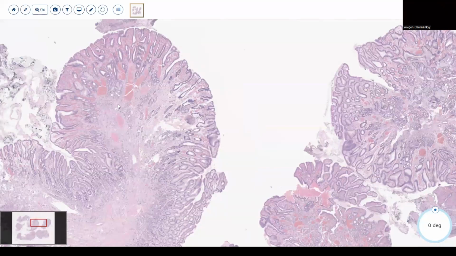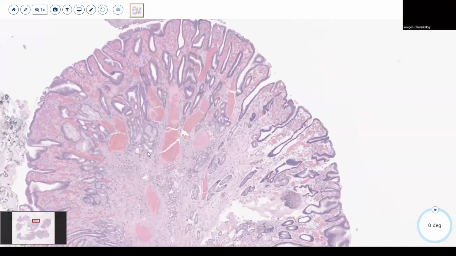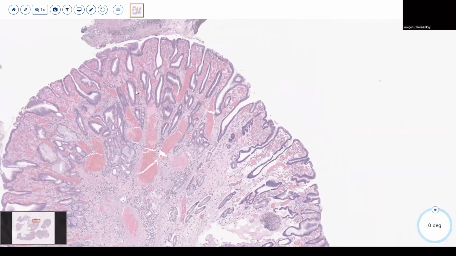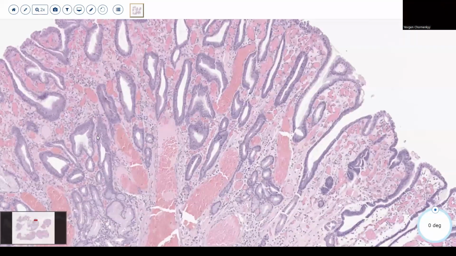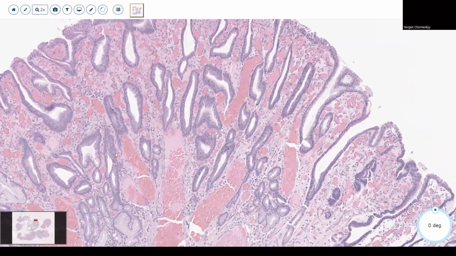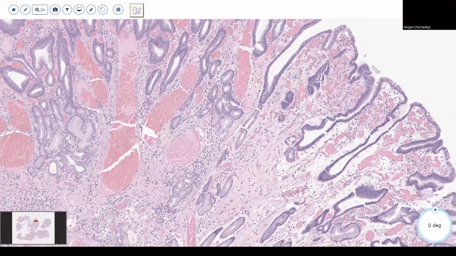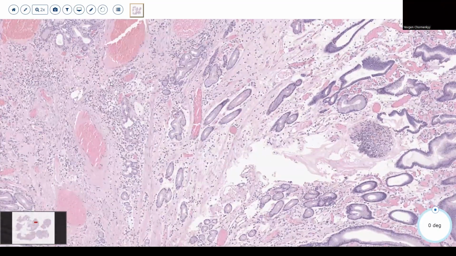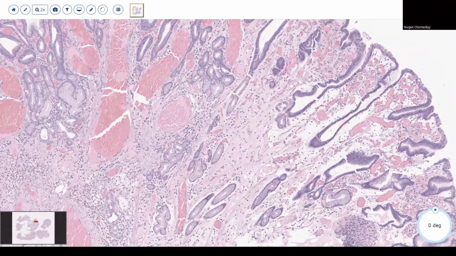Portal hypertension, varices. So this is what a portal hypertensive gastropathy can look like. And then you have really dilated mucosal vasculature as well as submucosal. There are fibrin thrombi here as well.